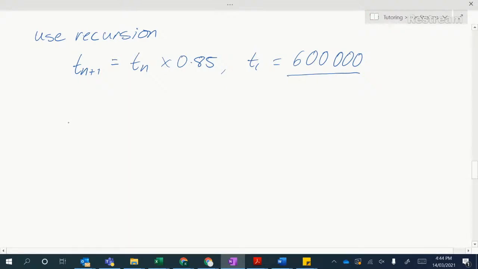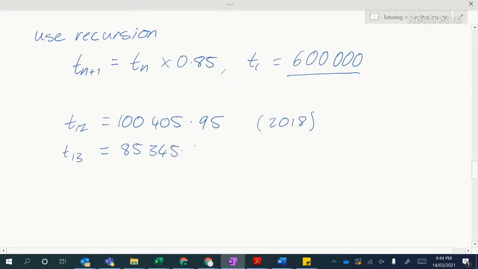Okay? So the 12th term should be this, and the 12th term would be 2018. The 13th term is where it finally drops below 100,000, which would be 2019.